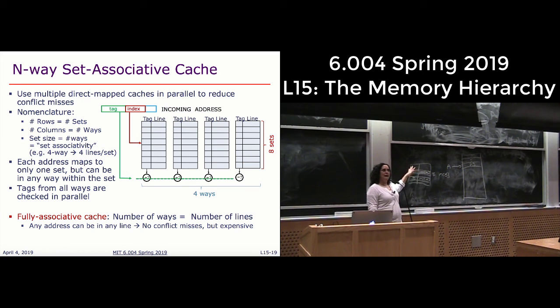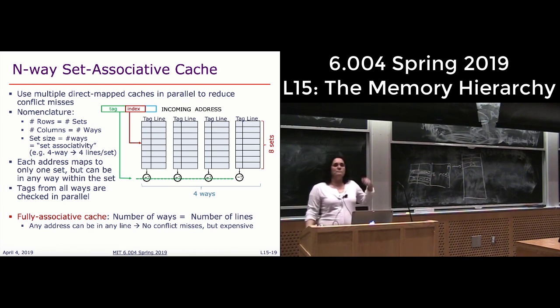However, if I chose to have two of these direct mapped caches operating in parallel, here I have a picture of four of them, then both A and B can live in my cache at the same time. And so this reduces the number of conflict misses in our cache.